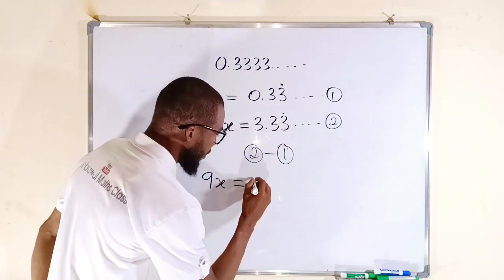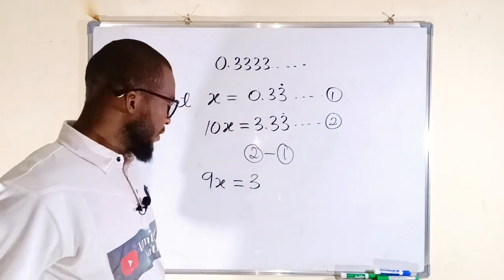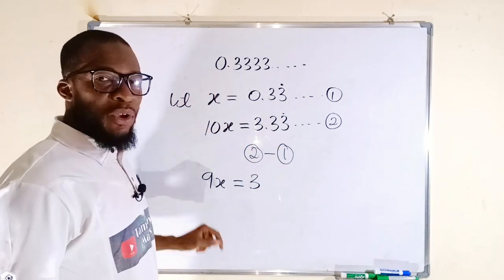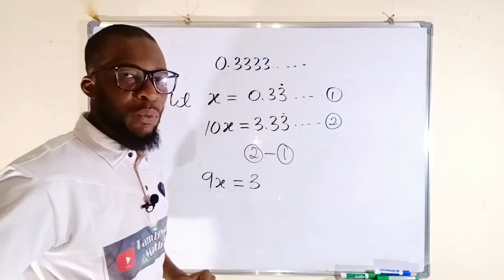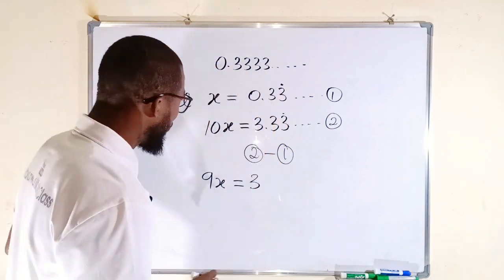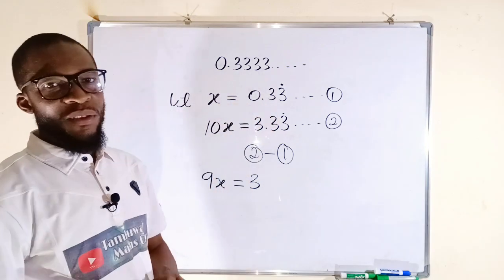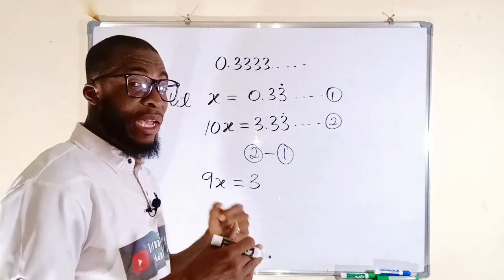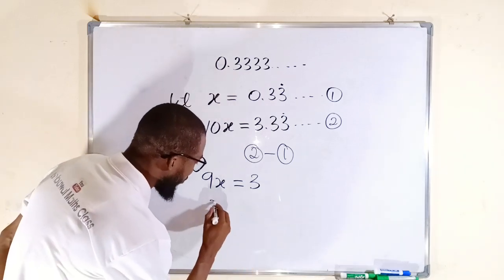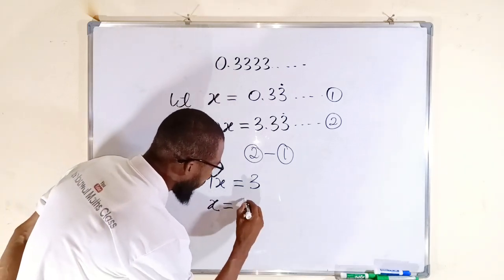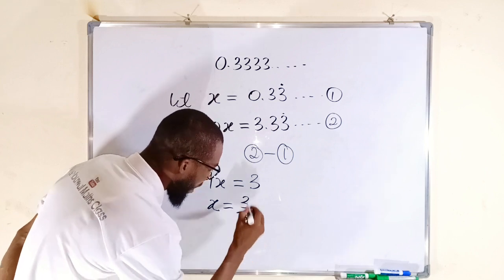So this is 3. Divide both sides by 9 because we are looking for x, because we let this number that we are looking for be equal to x. So whatever x is, is the value of that non-terminating recurring decimal. So if you divide both sides by 9, you have x equal to 3 divided by 9.